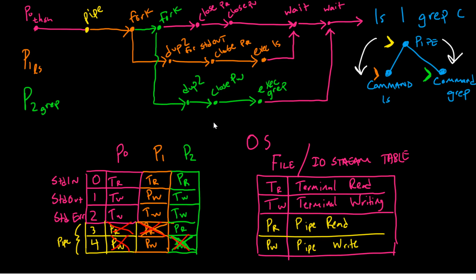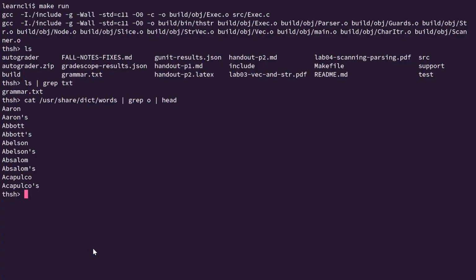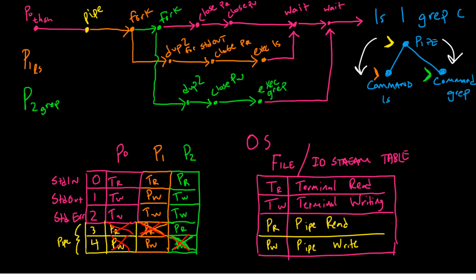And so your shell program now has piping capability, which is pretty cool. This is exactly how the bash shell is doing piping, right? And by implementing this, you've effectively implemented a simple shell with piping capabilities.